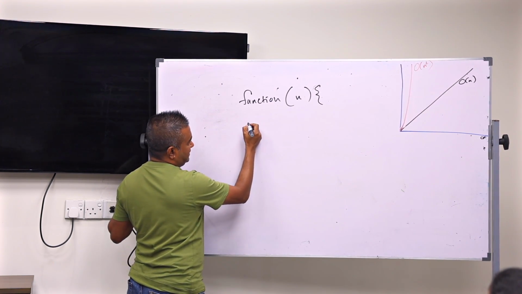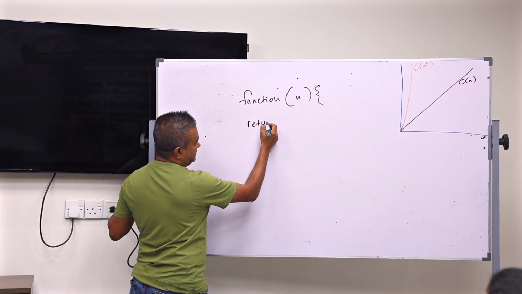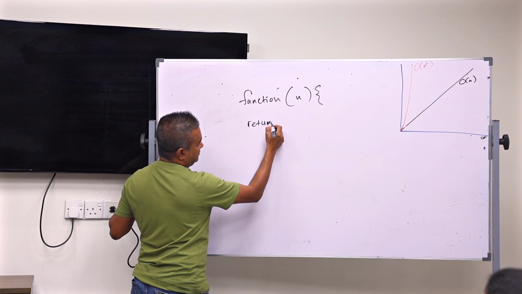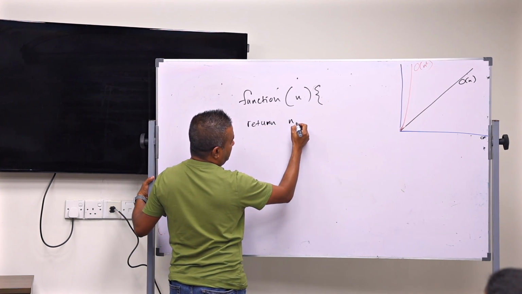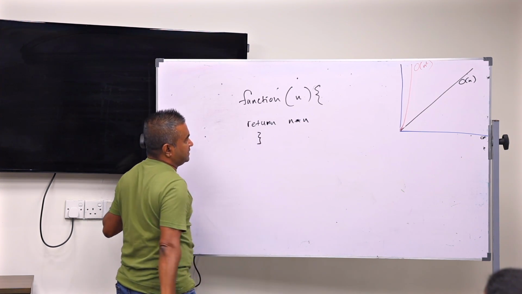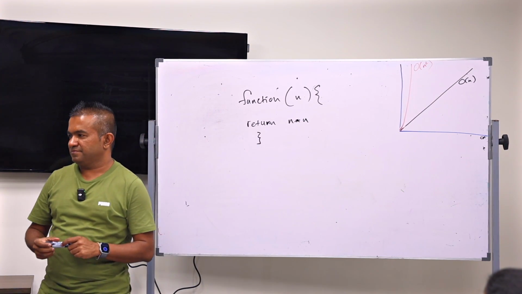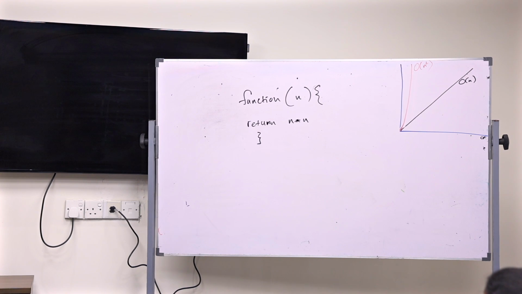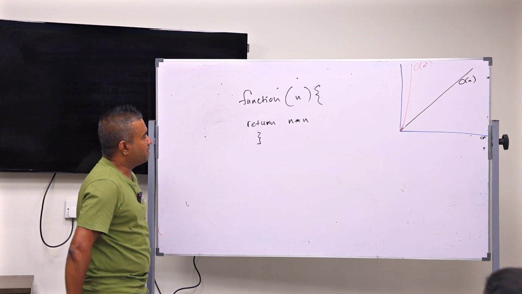So, can we drop down to that function, and again it takes an n, right, and what it does is it returns n into n, that is it, that is the function. Okay. It takes a number and it returns n into n. Okay.